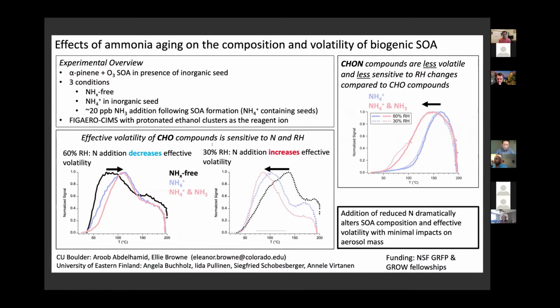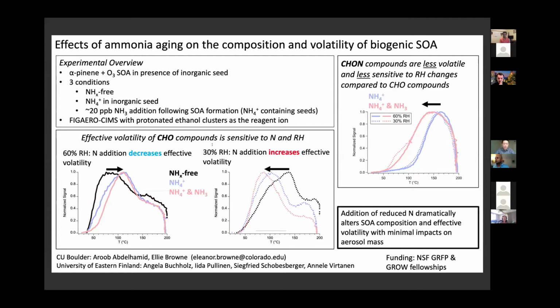Hi, everyone. So something that my group has been interested in recently is how the changing speciation of reactive nitrogen in the atmosphere is going to influence SOA and its properties. And so we've been aging biogenic SOA via the addition of either ammonium or ammonia.